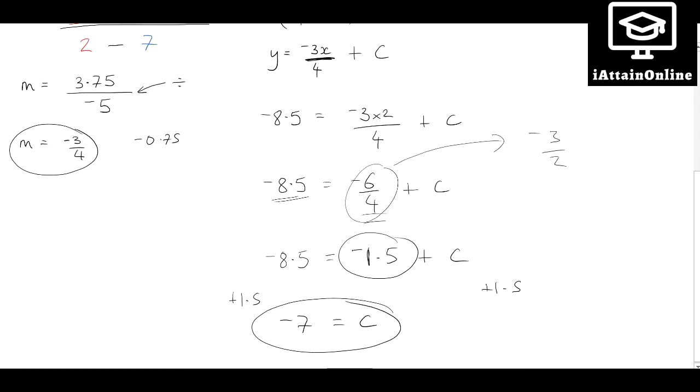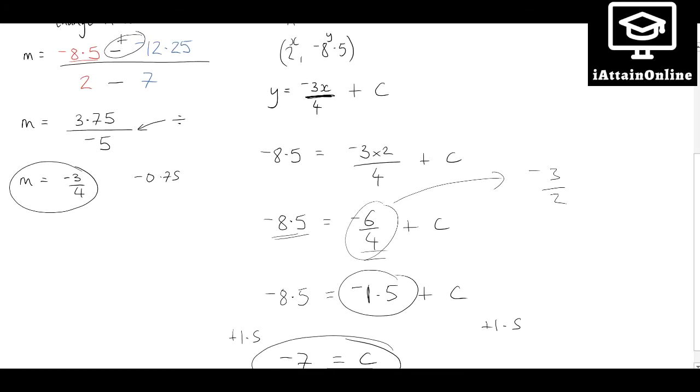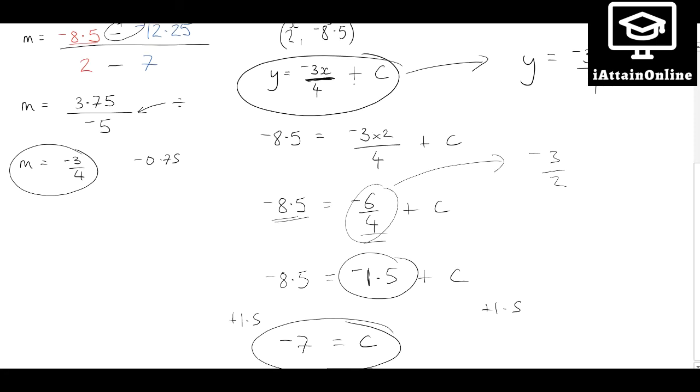So now that I know that c is a negative number, instead of this equation which we used earlier, it's still going to be negative 3x over 4, but now instead of this plus c, we're actually adding negative 7. Now that becomes a minus. So my final equation is negative 3x over 4 take away 7. So that's the equation of that line there.